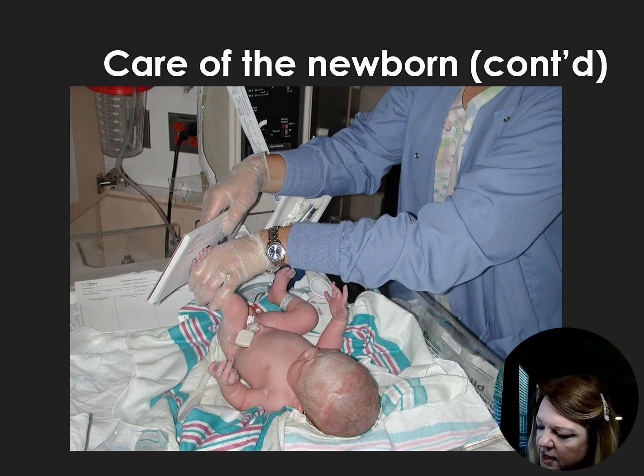Okay, so obviously we already talked about cord care. We're going to teach the mom to keep the diaper below the cord and to look for bleeding, look for signs of infection. There's not really any special thing she has to do, unless the doctor orders it. The other thing we tell her, you can't do tub baths and immerse the cord in water until the cord completely falls off. That's pretty much the general practice on that.